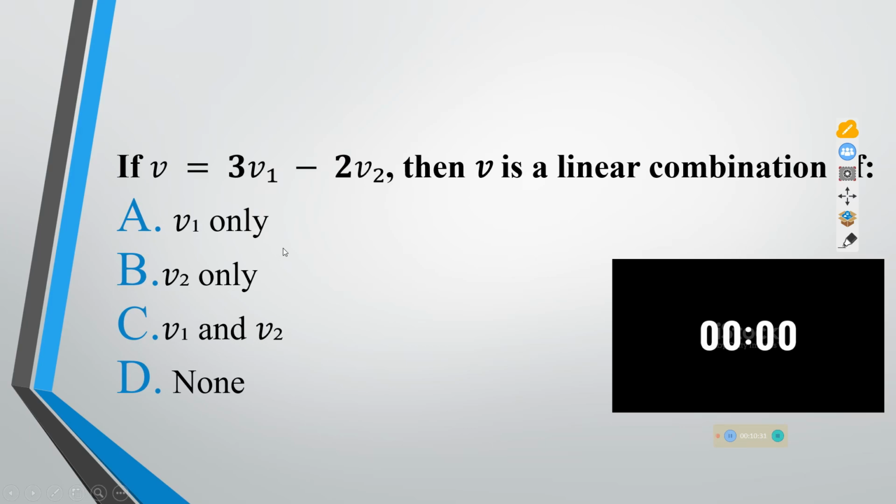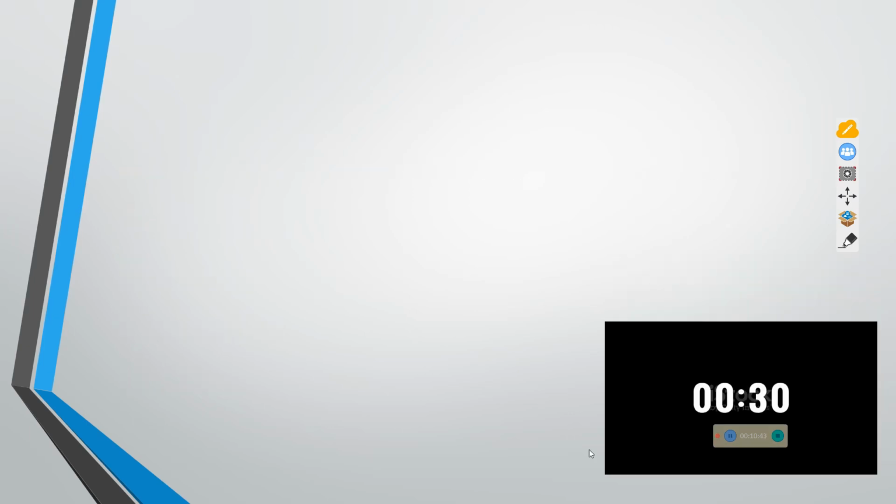So if V is equal to 3V1 minus 2V2, then V is a linear combination. It means V is a linear combination of V1 and V2. So we look at the next question.